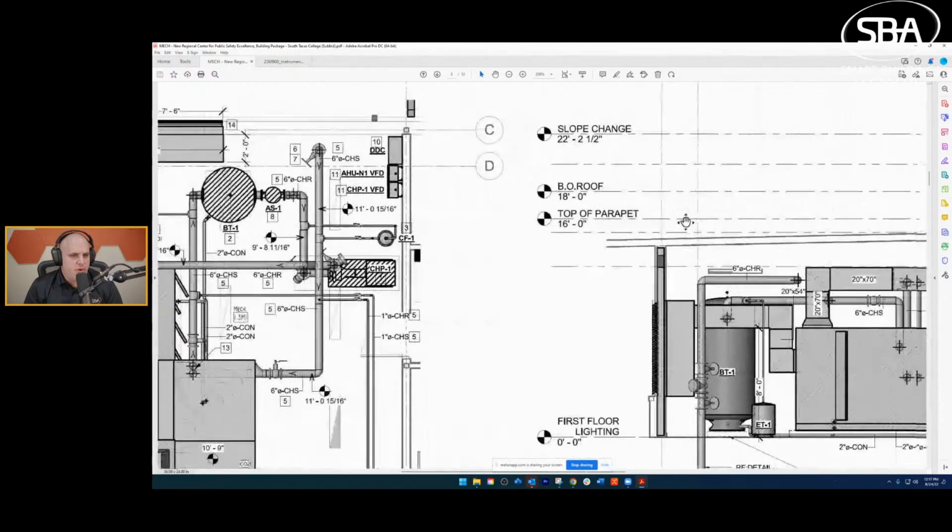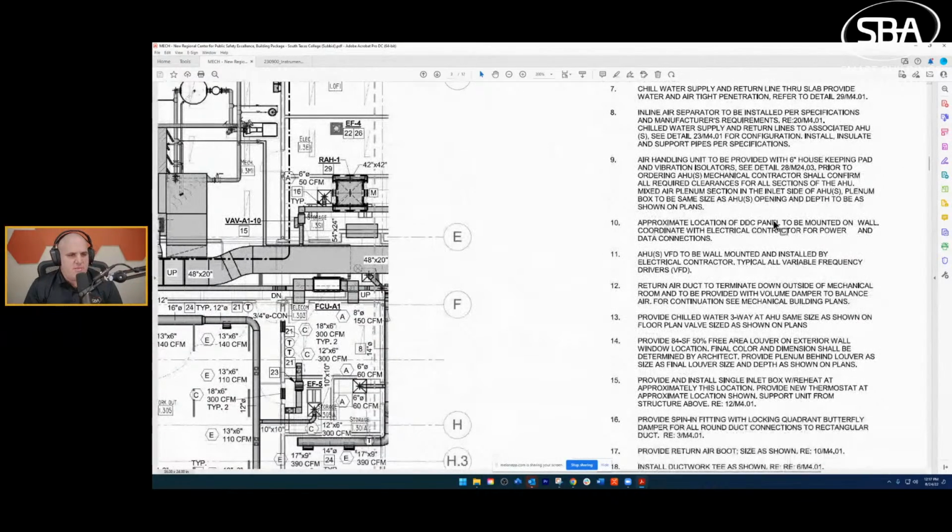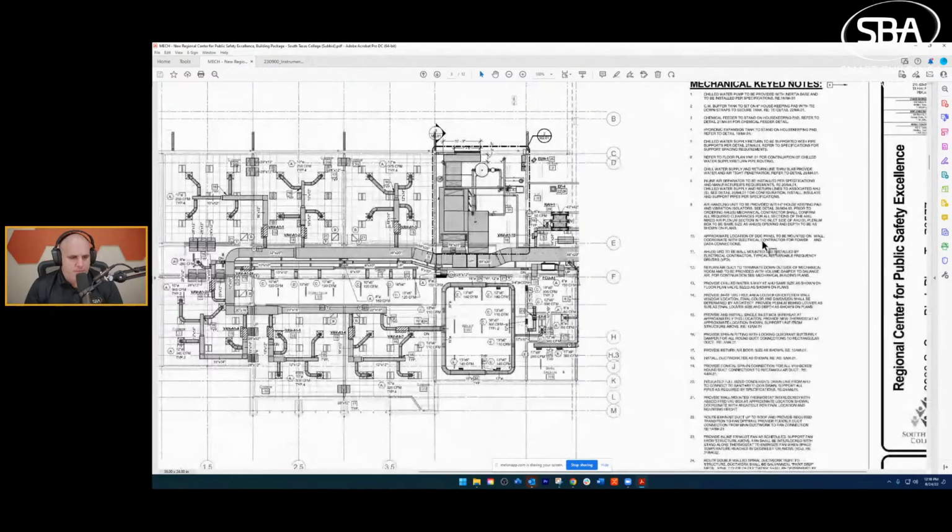So if I go over to note 10, I'll notice approximate location of DDC panel to be mounted. So that tells me if I were to read more of the notes, I could find out that AHU VFDs to be mounted and installed by electrical contractor. So we know that the electrical is actually mounting and installing these. So we're going to need to coordinate with them. These are all things I've got to start thinking through.